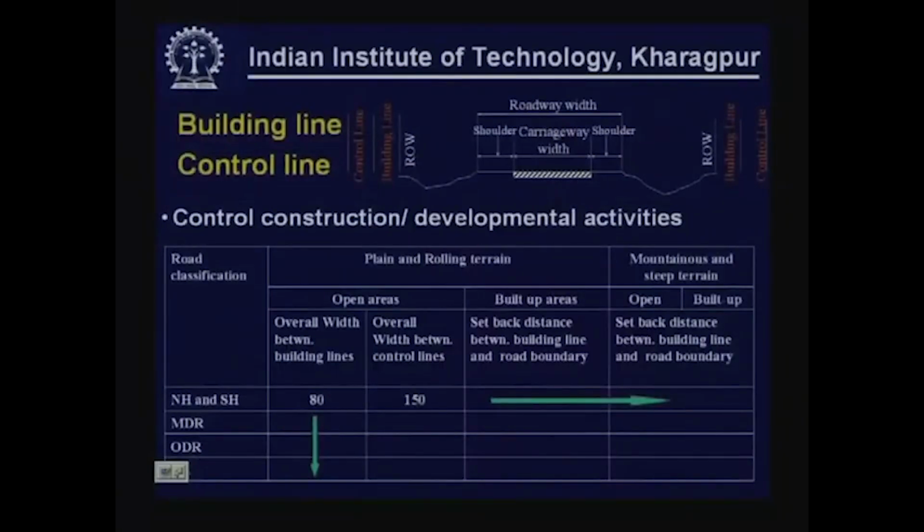Again, what should be the building lines, what should be the width between the building lines and the control lines, or one can also understand it in terms of the setback distance. IRC or Indian Roads Congress guideline recommends values for all these conditions, namely for different terrain conditions, plain and rolling terrain, and also for mountainous and steep terrains.